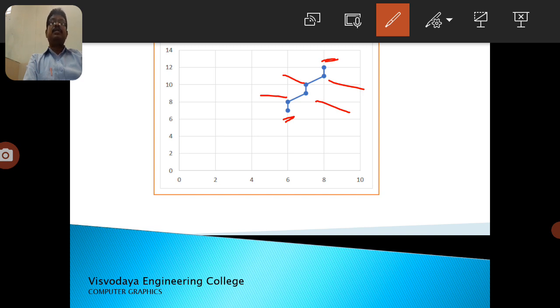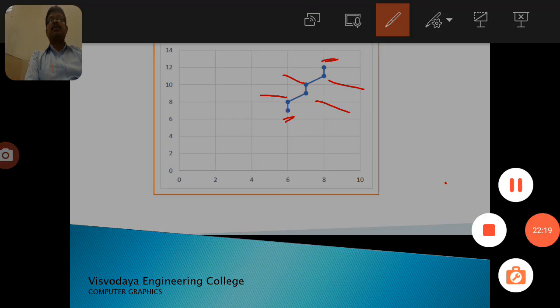The slope value is taken in 3 different cases: if m is less than 1, if m equals 1, and if m is greater than 1. So based on this condition only, this algorithm should follow. I will explain in the next video. I will continue the line drawing algorithm, that is the Bresenham line drawing algorithm.